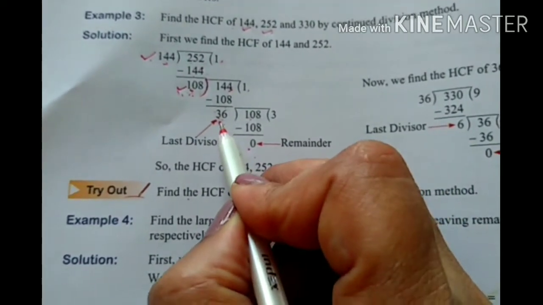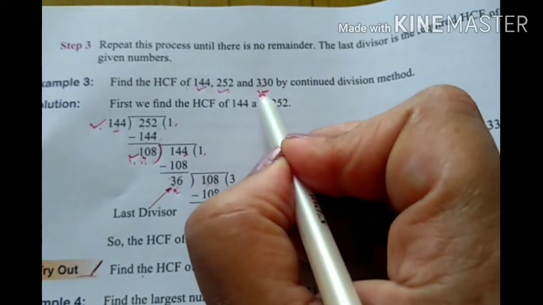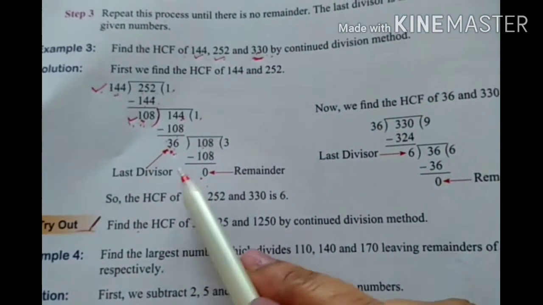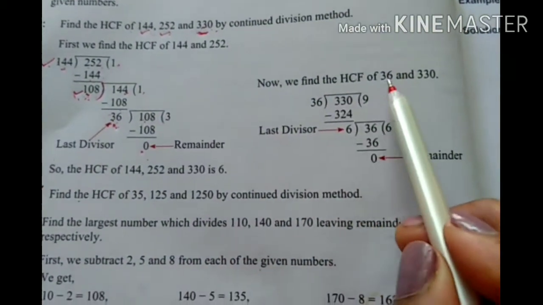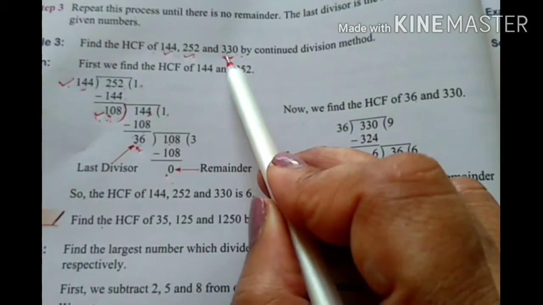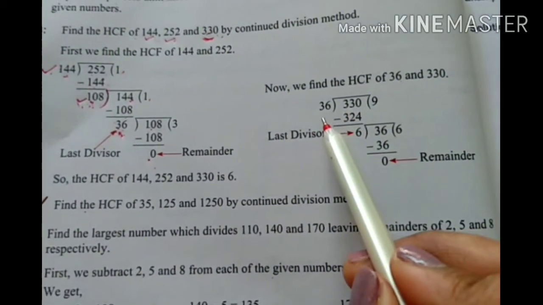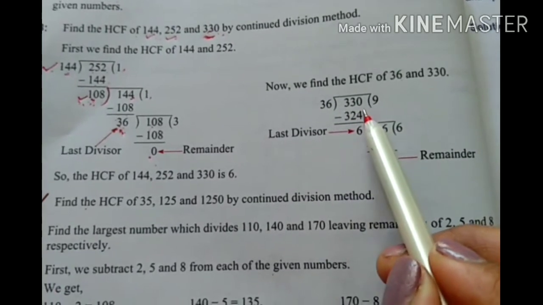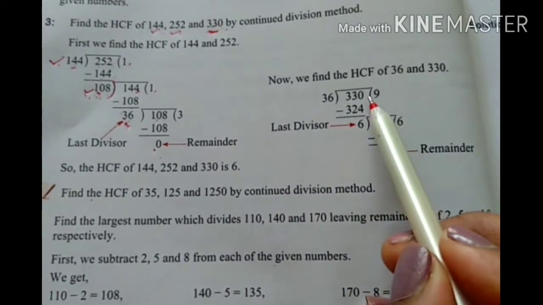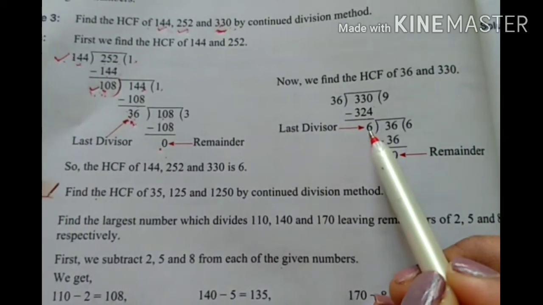Now you will consider this 36 and the third number 330. Find the HCF of this last divisor and the third number 330. You will divide 330 by 36; the table of 36 up to 9 gives 324. Remainder is 6.